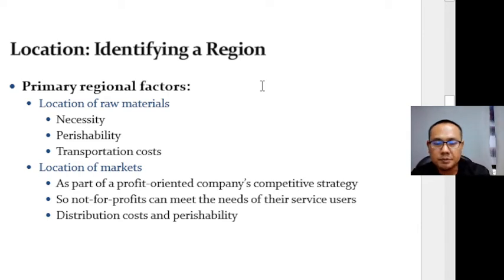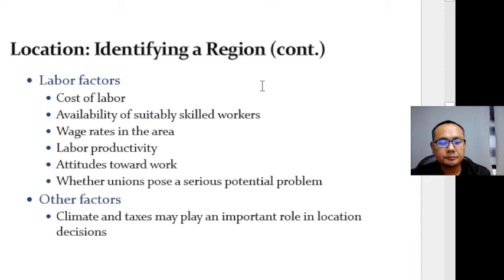EU, so based on region. Okay, so primary regional factors: location of raw materials, location of the market. Labor factors also play a very important role in making a decision.